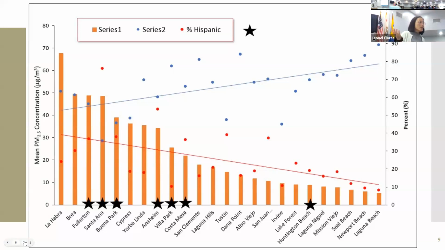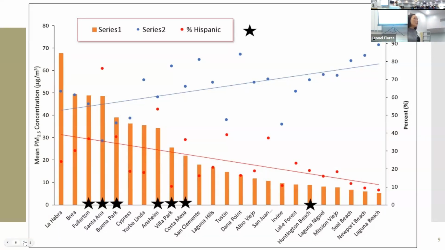And we also ranked the outdoor pollution levels by city. As you can see, the highest occurred at La Habra, followed by Brea and Fullerton and Santa Ana. And you can see Santa Ana is one of the highest polluted cities.